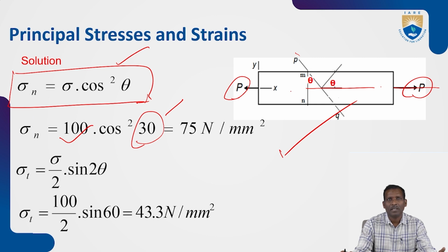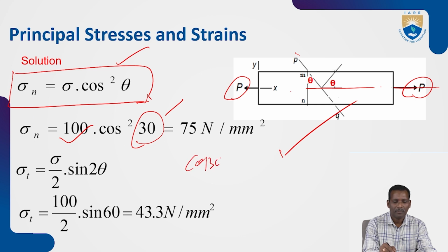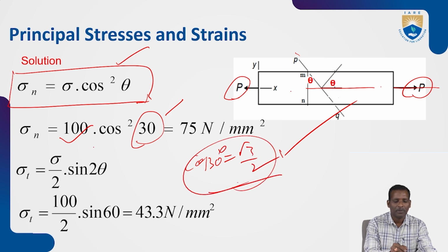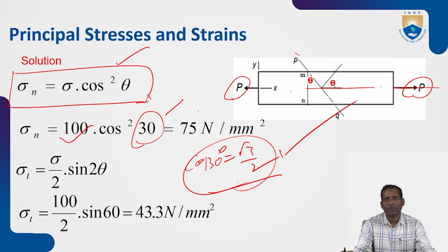Here we calculate cos square 30 and substitute the value. Cos 30 is root 3 by 2, so cos square 30 is 3 by 4. Multiplying with 100 we get 75 Newton per mm square.